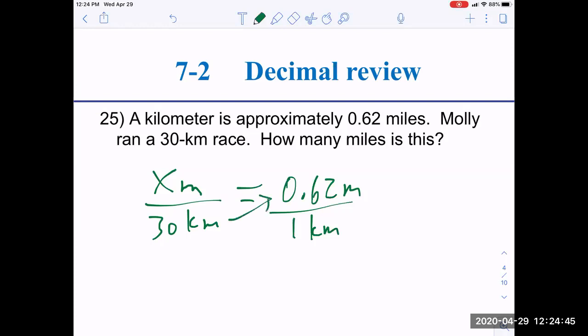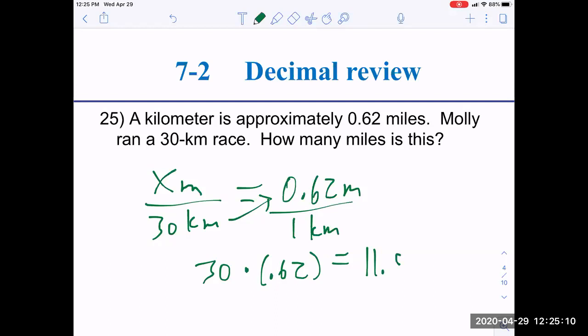So I'm just going to do that. So it's really just 30 times the 0.62. 11.5, basically.